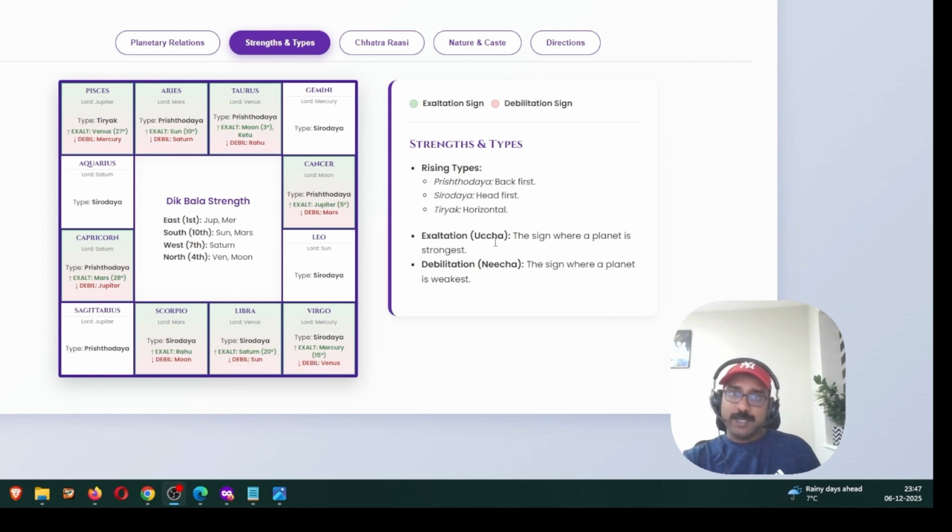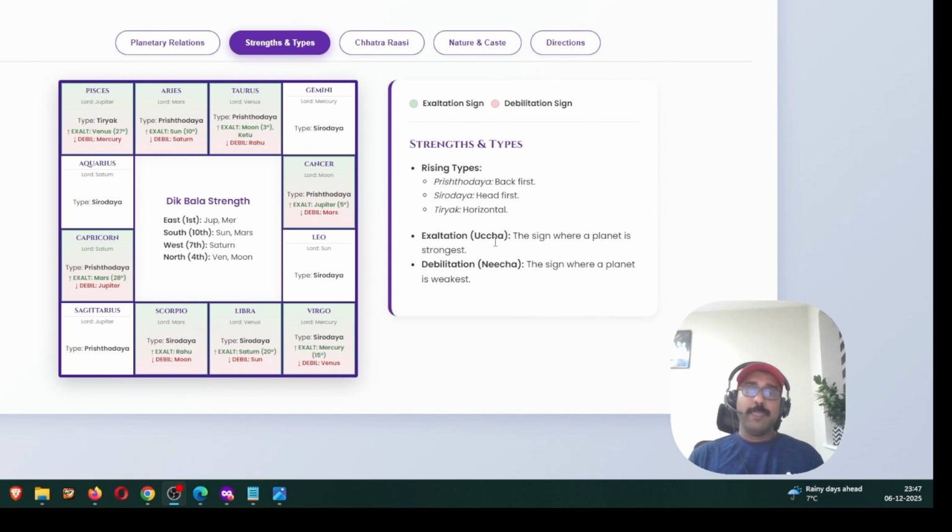And with that in mind, now combine what we studied in the last section. We studied the planetary friendships, and we now know about the strength of each planet, and we know about the specific type of each Rashi, whether it's backwards, head first, or horizontal. Now we know the three things.